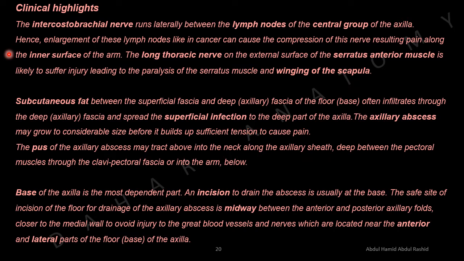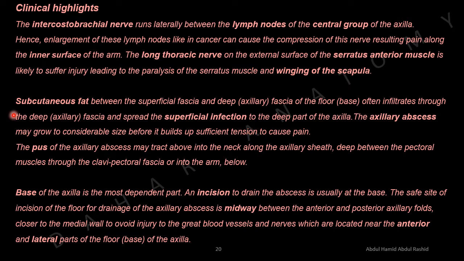The long thoracic nerve, which descends on the external surface of the serratus anterior muscle, is likely to suffer injury, leading to paralysis of the serratus anterior muscle and winging of the scapula. Subcutaneous fat between the superficial fascia and the deep, that is the axillary fascia of the floor, often infiltrates through the deep fascia and spreads the superficial infection to the deep part of the axilla.